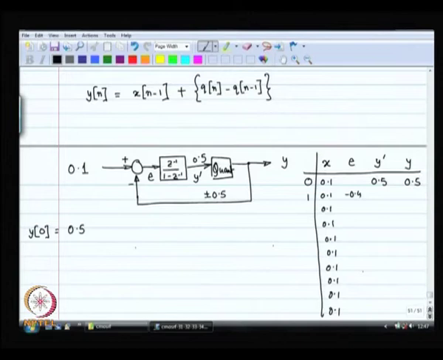Okay. So, your new y hat is going to be the previous y plus the previous error, which is previous y hat plus the previous error, equal to 0.1, and 0.1 is going to be quantized as plus 0.5, and again the error is minus 0.4.